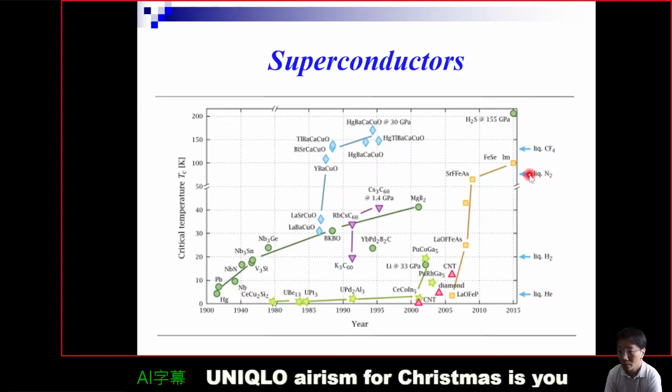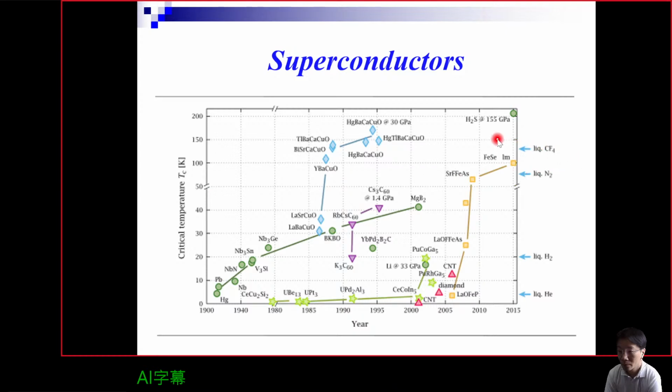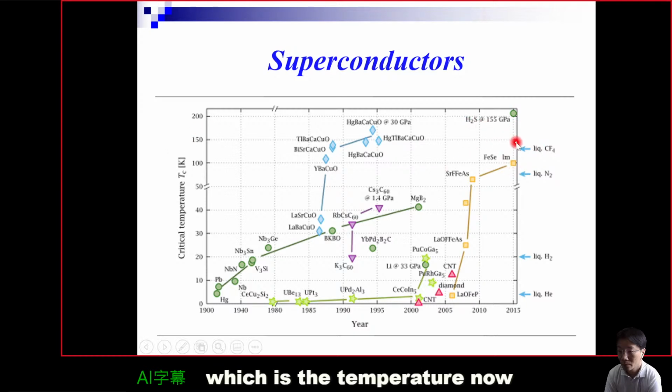And the liquid nitrogen is here, and here is the CF4. So we try to push the critical temperature, but nowadays we are still far away from room temperature.